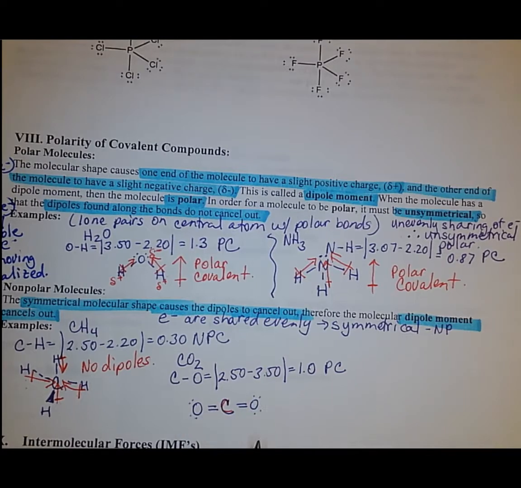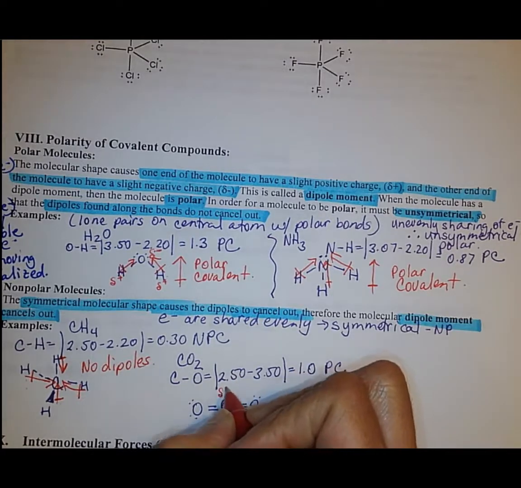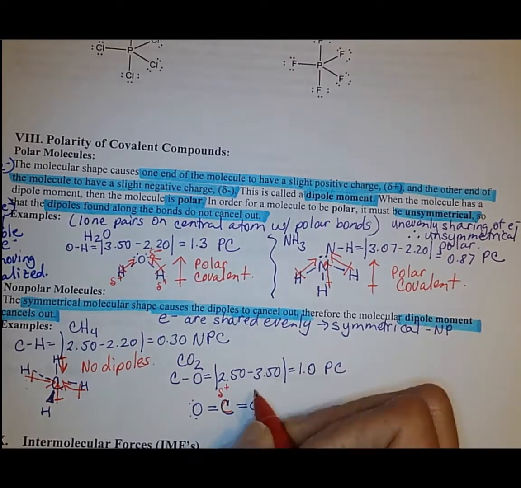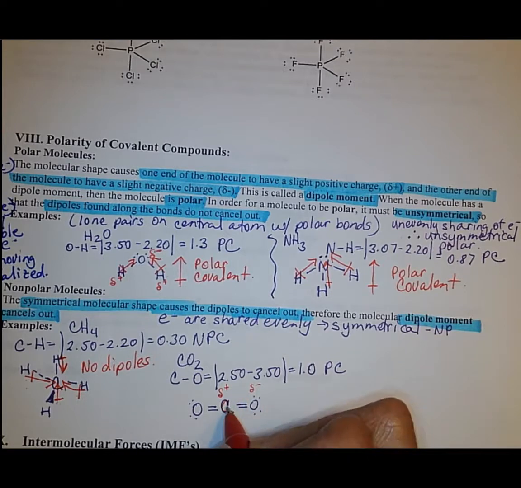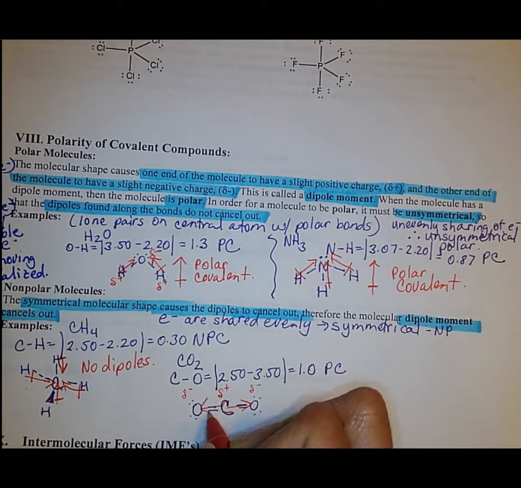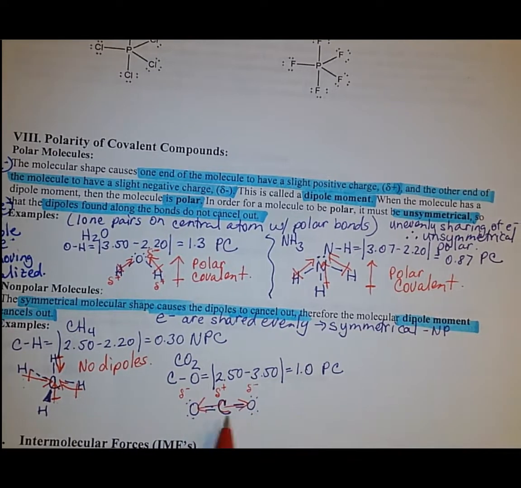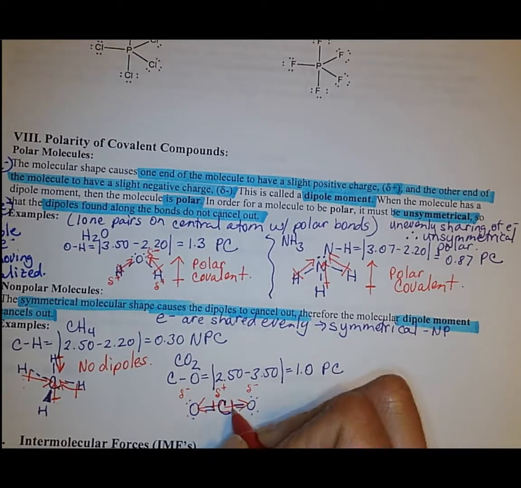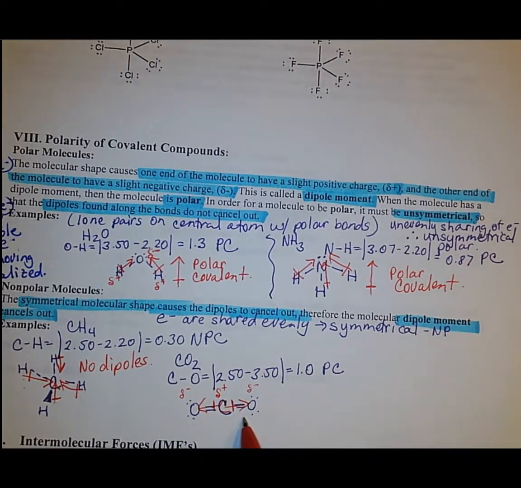So that says a lot. When we draw the electrons, they are going to move from the partially positive carbon to the partially negative oxygen, on both sides. So it is now an equal pull of electrons. It's an equal sharing of electrons, and so we say this is symmetrical.